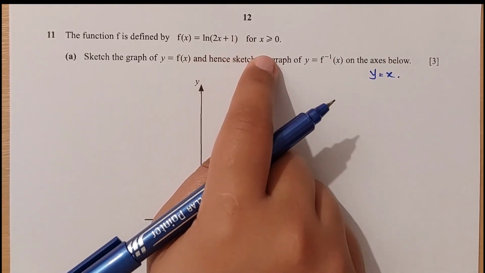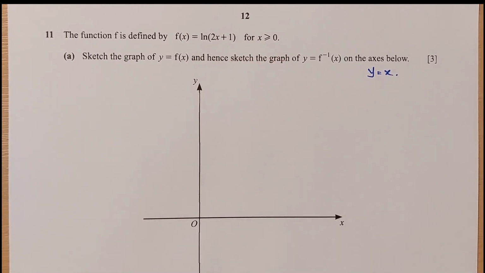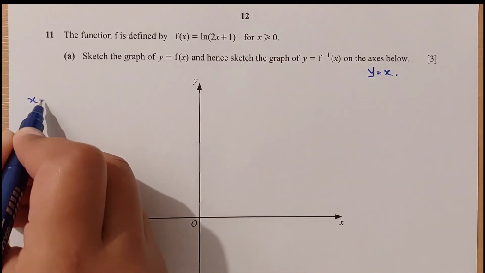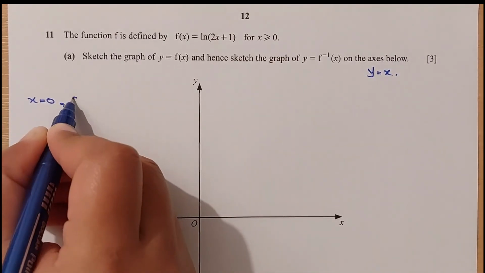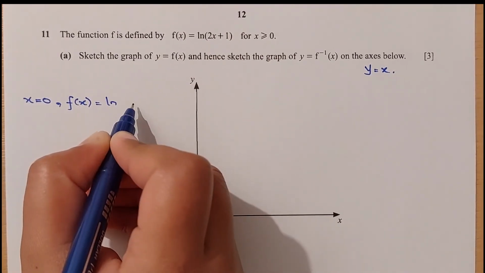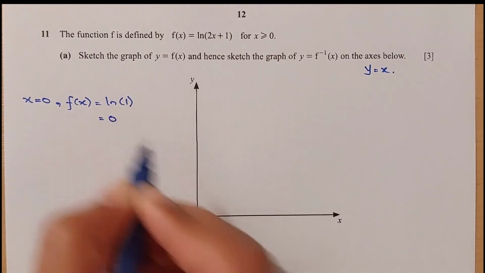We need to pick the values of x that are 0 or greater than 0, because 0, 1, 2, 3 up to infinity. If x equals 0, what is f of x? This is the natural log of 2 times 0, which is 0, plus 1, and the natural log of 1 is 0. So we have this point.